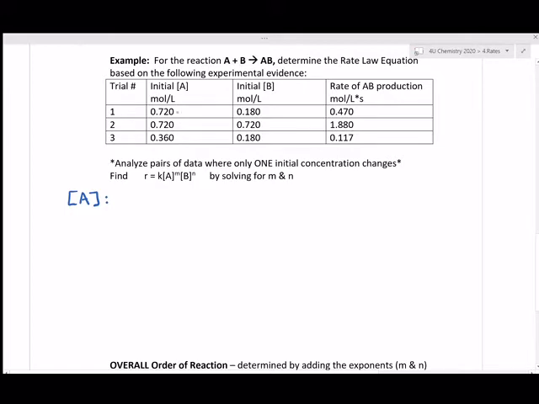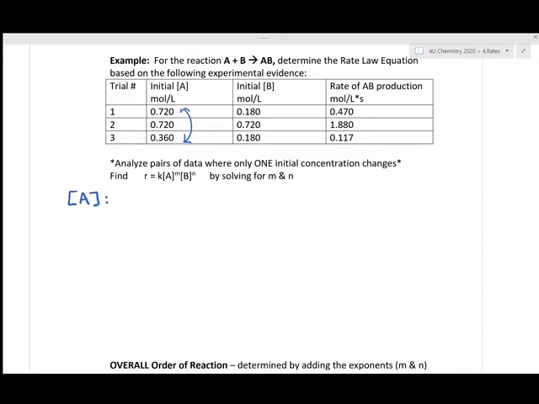I want to do either 1 and 3 or 2 and 3, but I can't do either of them because I have to look at B and realize that I don't want B to be changing at the same time. So if I look and see that B is exactly the same in trials 1 and 3, it's 0.18, but I have done something to A, then that's a good choice because that effect on the rate is going to be due to A.